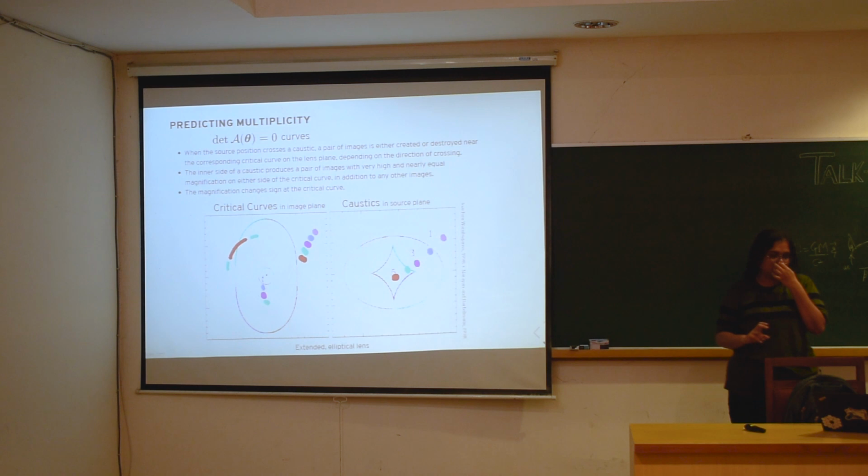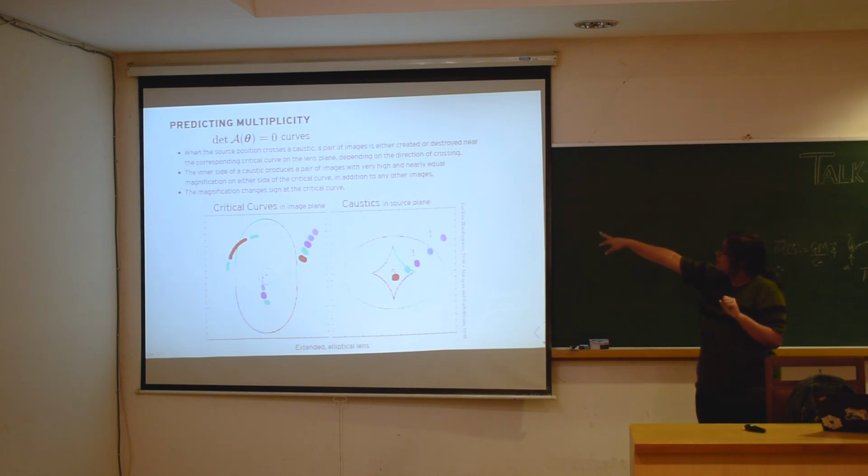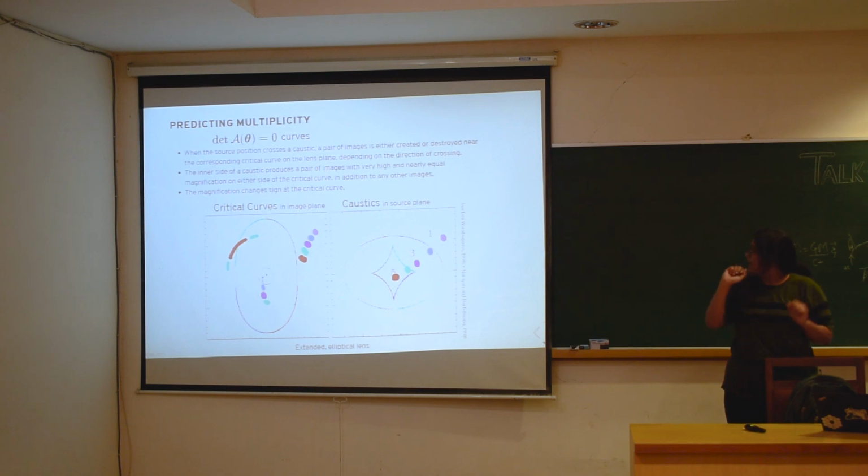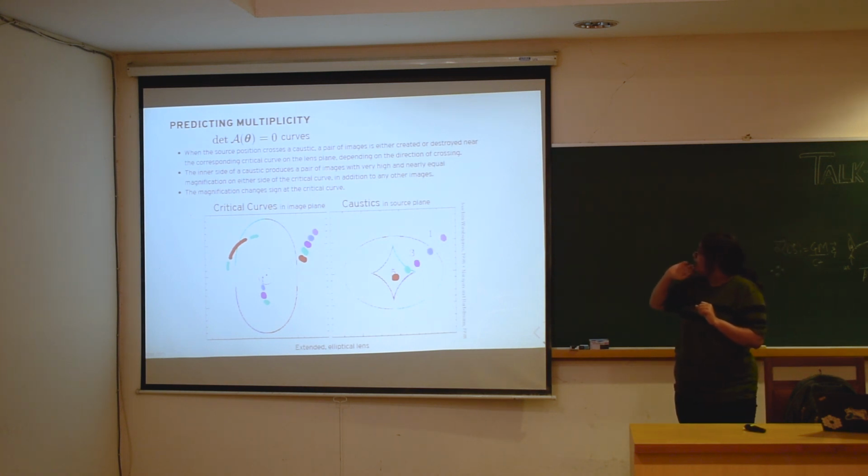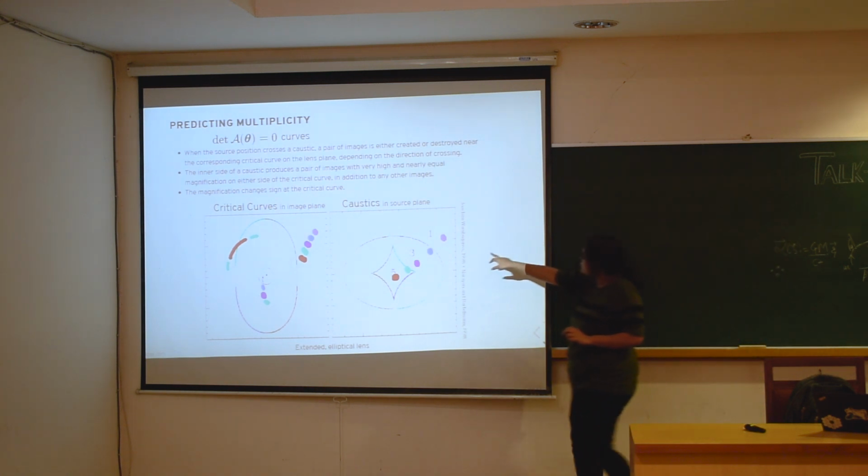Now, from the third slide, I had mentioned that the inversion of the lens equation gets easy if you know the number of images that you get. This is how you predict the multiplicity, the number of images.